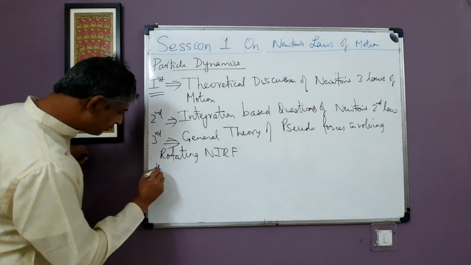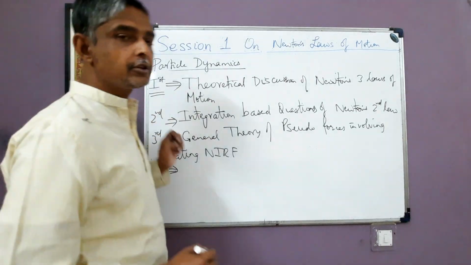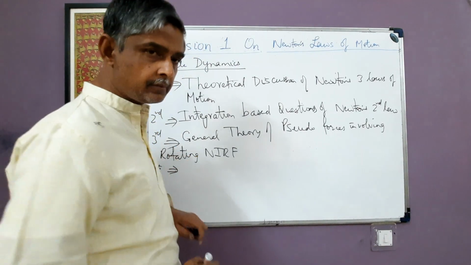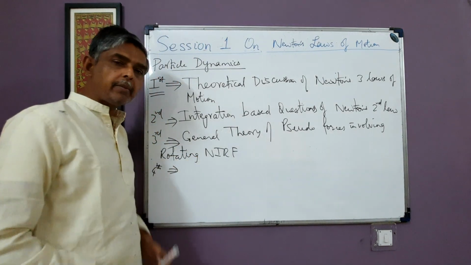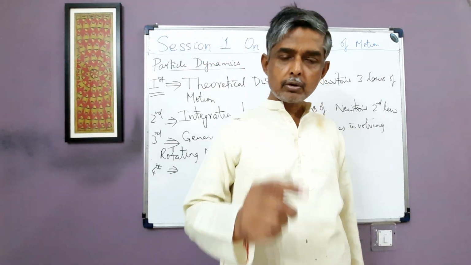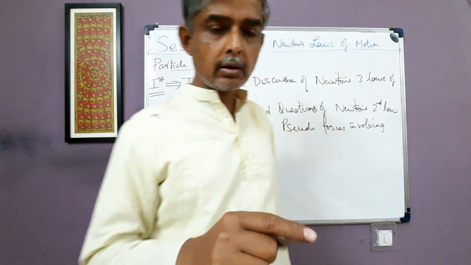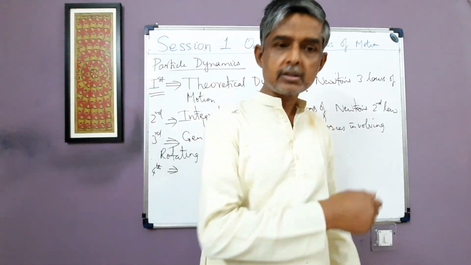Then fourth, I will take up the concept of combined equation of motion. That is also a very useful concept. Using it, many problems can be solved in much fewer equations, in a much easier way as compared to the case if you do not know this concept.